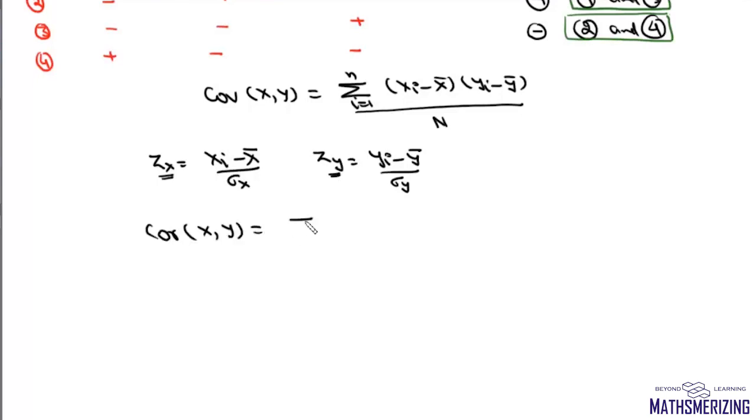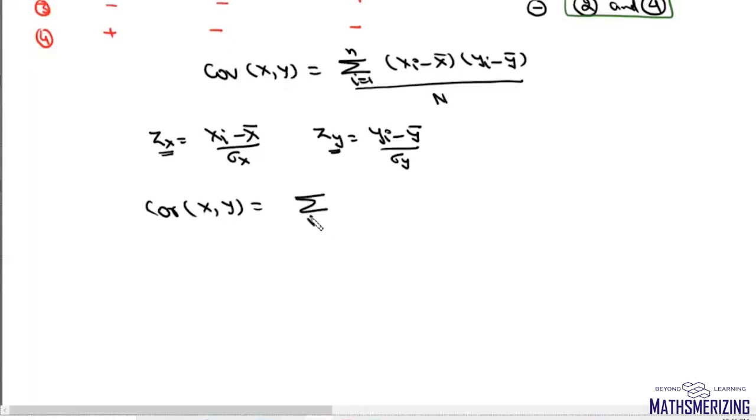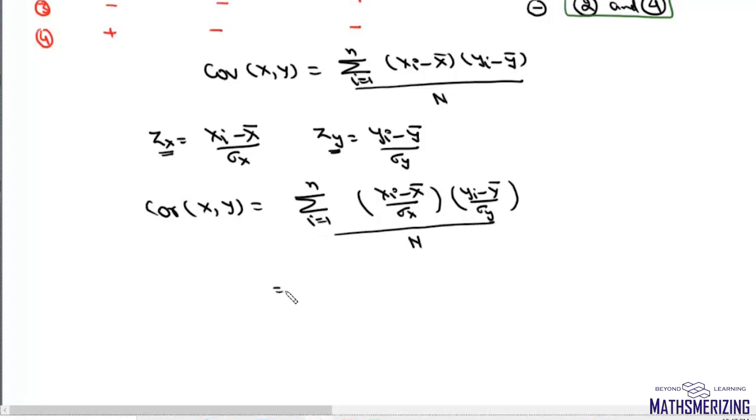This correlation will be given by summation i varies from 1 to n, xi minus x bar upon sigma x into yi minus y bar upon sigma y, whole divided by n, which is summation i varies from 1 to n, xi minus x bar into yi minus y bar, whole divided by n into sigma x sigma y.